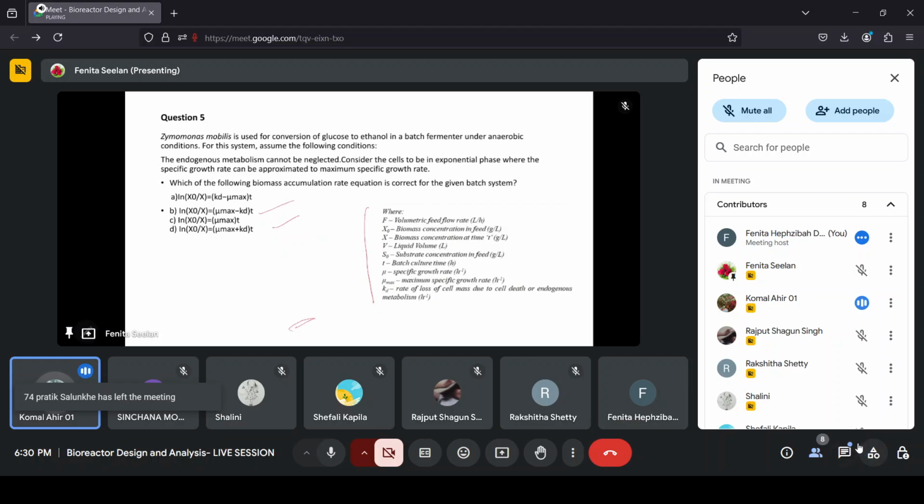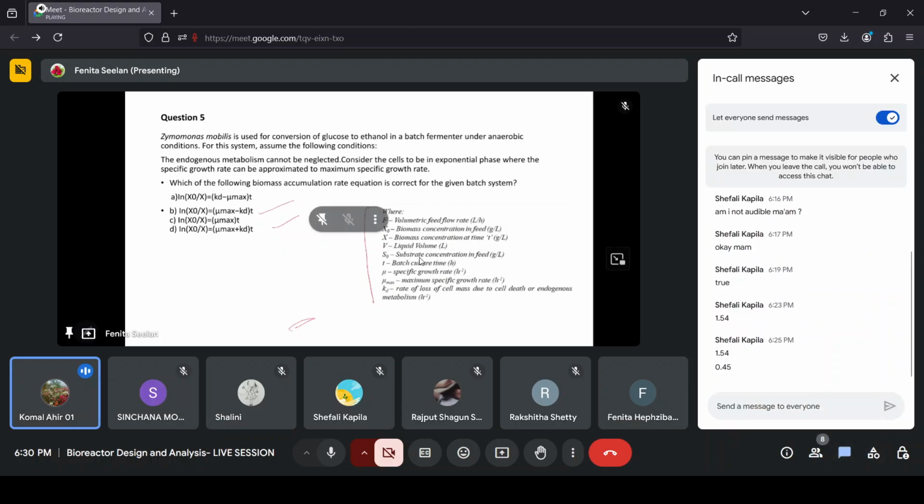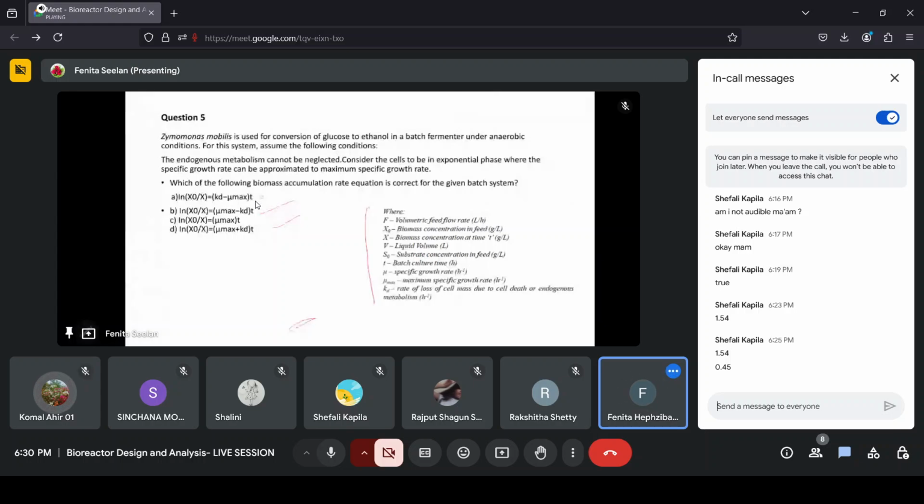It might be option D because they are saying that endogenous metabolism cannot be neglected, and in option B it is mu max minus kd times t. So there is a minus kd into t. Okay, so sorry, it might more be D, the option with kd here.